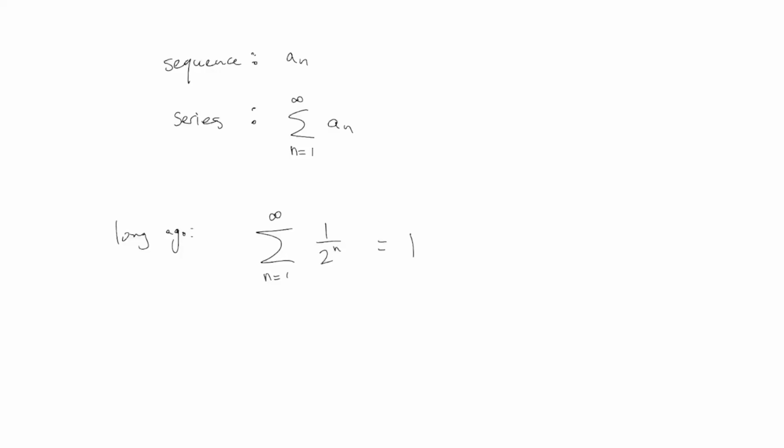But why is this true? So this series, you should think of, if I were to write out a few terms of the series, it's 1/2 plus 1/4 plus 1/8 plus, etc., right? Rather than a sequence, you would write little commas in between. A series, you just write pluses. You are adding these all up.